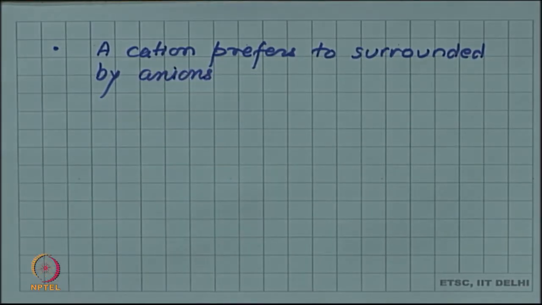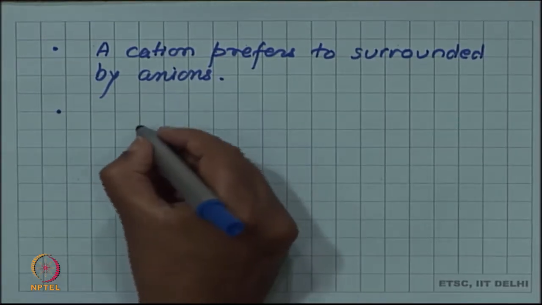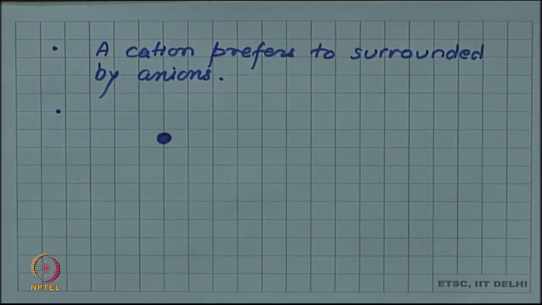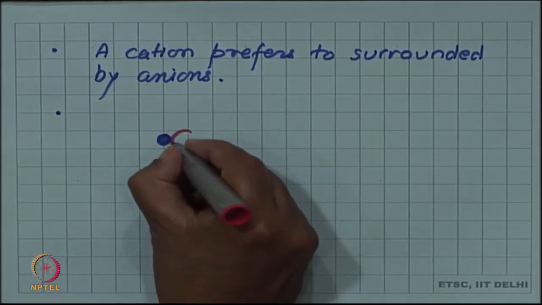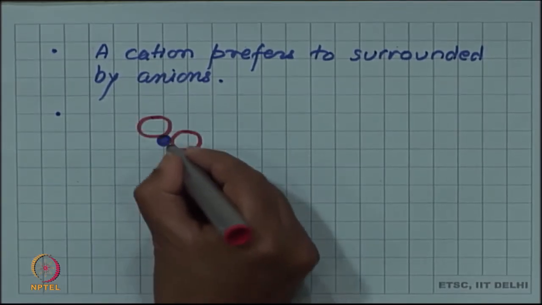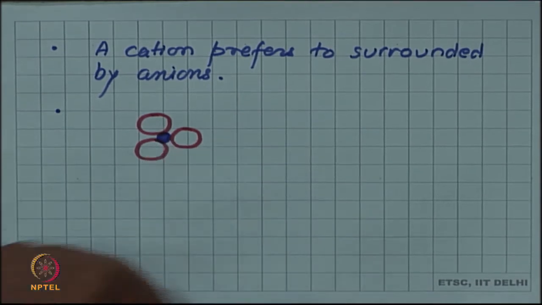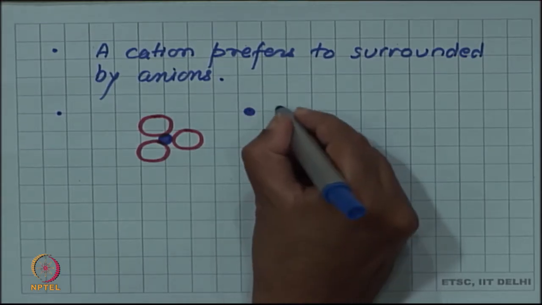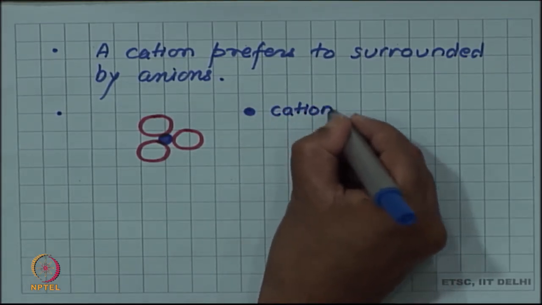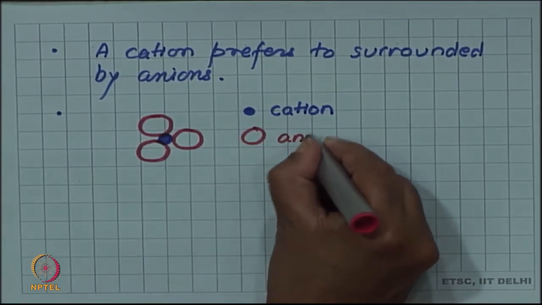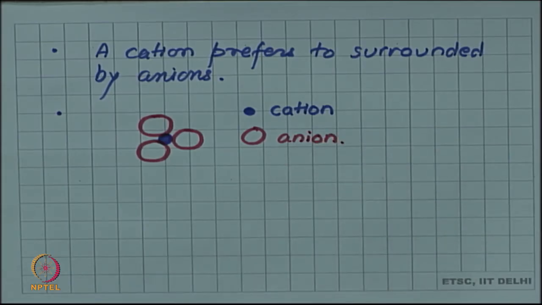Around a cation you have a cage of anions. If I try to draw schematically, I have a cation, and it will attract anions around it. This is a small cation, and a large anion.